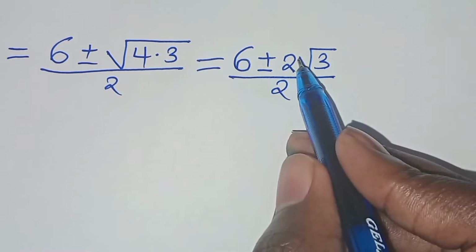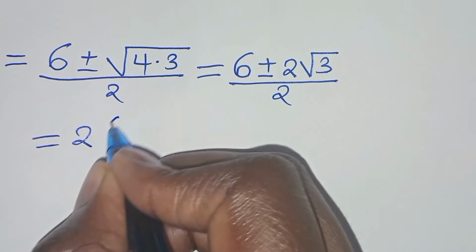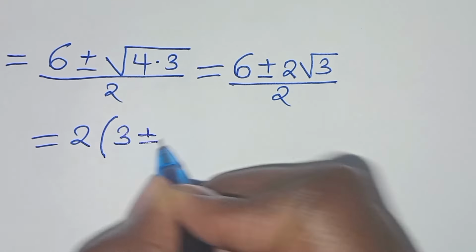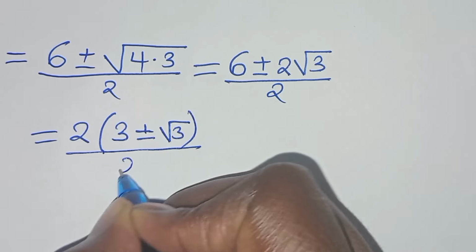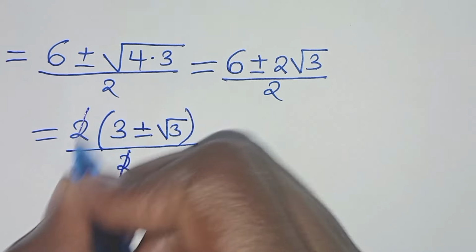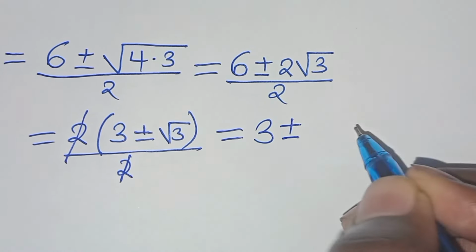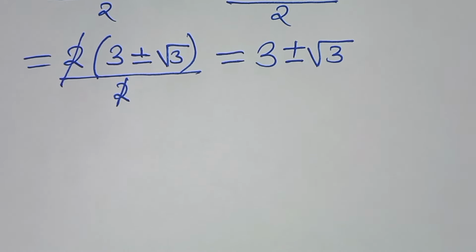So from here we can factor out 2, since 2 is common. This is 2 times (3 plus or minus the square root of 3) divided by 2. So you simplify so that this is equal to 3 plus or minus square root of 3.